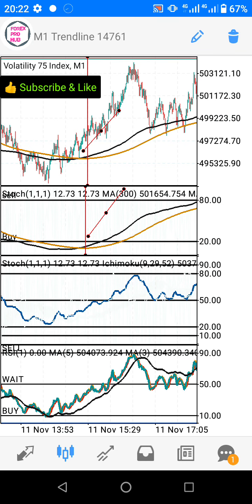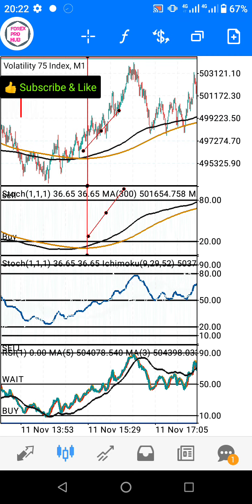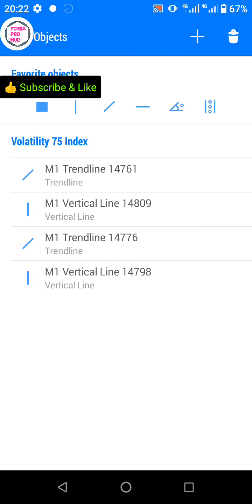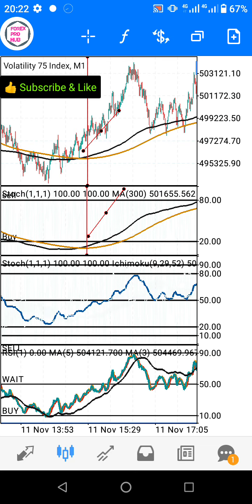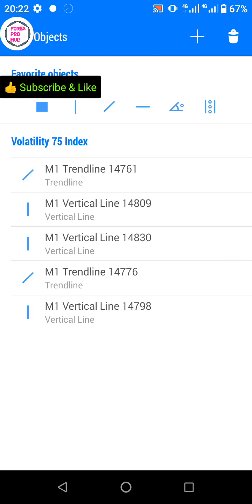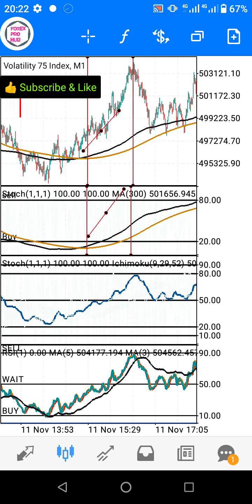After the crossover, let's assume you bought from here. You would have seen that from that point to this point here, you would have been in profit, and then you just cap out of the market. So that's exactly how the strategy works.